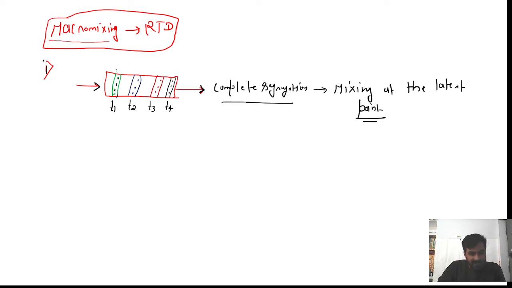Try to understand: the molecules of T1 age group, the molecules of T2 age group, T3 age group, and T4 age group will remain completely segregated. They are not going to interact with the molecules of the other age groups. So in this condition, we can assume the molecules of T1 age group will work as a batch reactor.